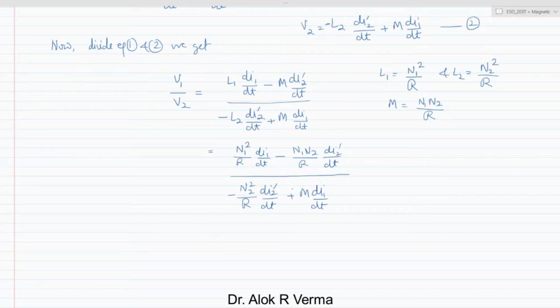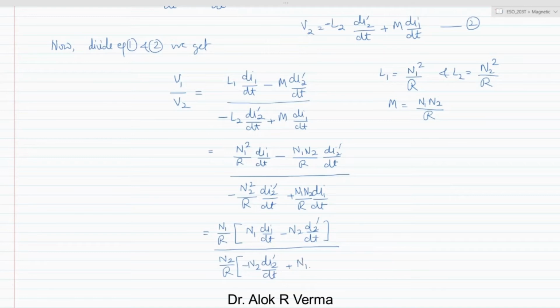M again we write as N1 N2 by reluctance. From the top, this is taken as common, and from the bottom, if you take this as common, it will be N2 di2 by dt prime negative plus N1 di1 by dt.